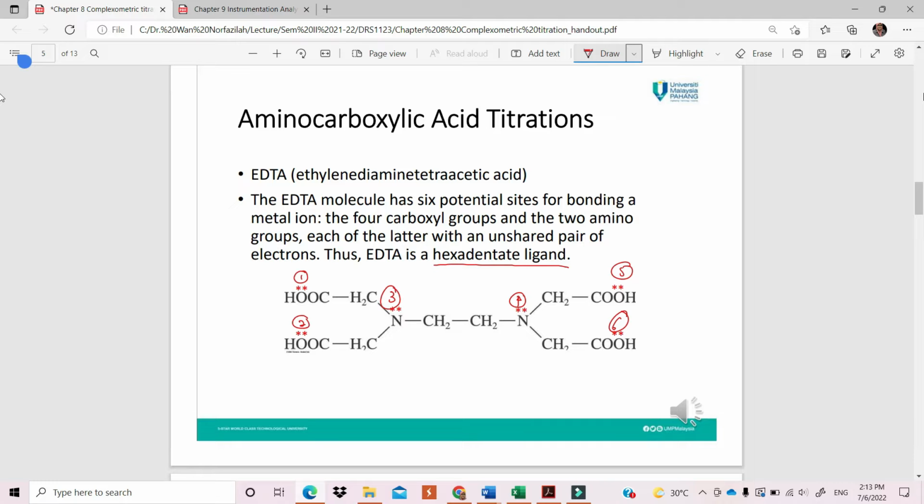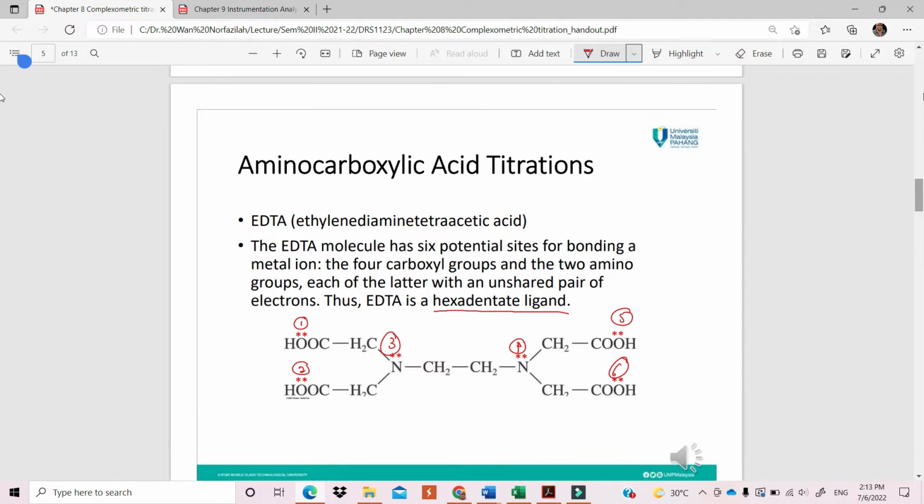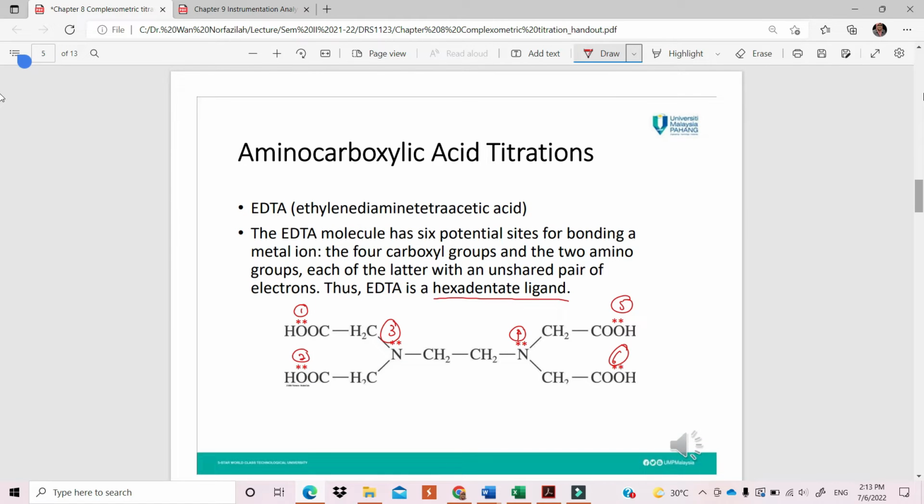Okay, so depend on how many group that have unshared electron and can form bonding with the metal ions. Okay, kalau satu unidentate, tapi unidentate dia tak boleh jadi chelating agent lah, sebab chelating agent dia kena 2 atau lebih. Okay, and then ligand with 2 donor group, bidentate, and also we can also call it as chelating agent. Kalau 6 macam EDTA, hexadentate.